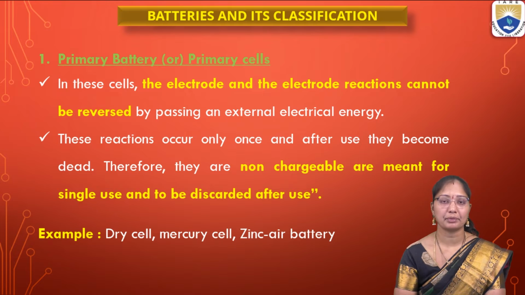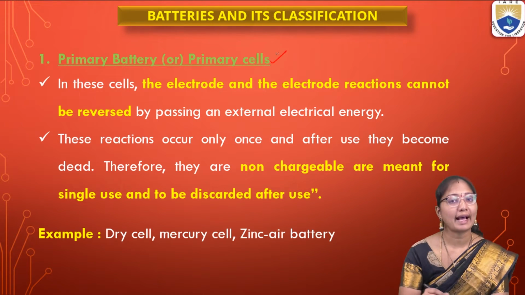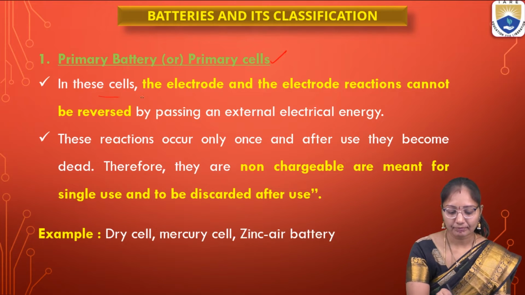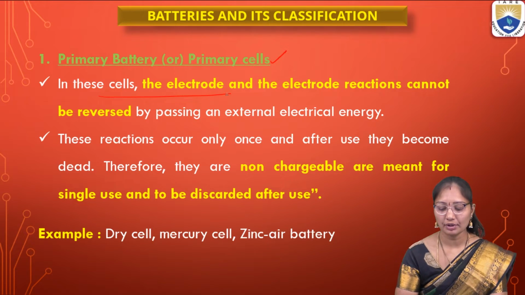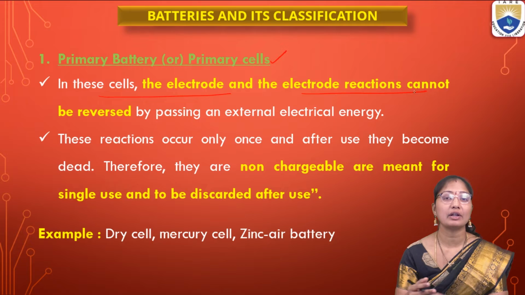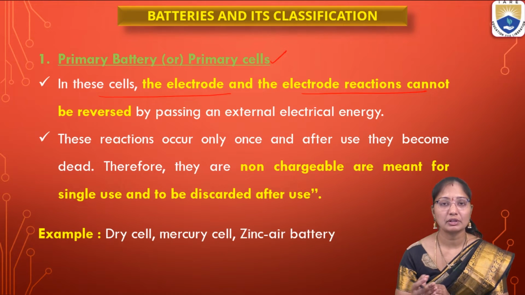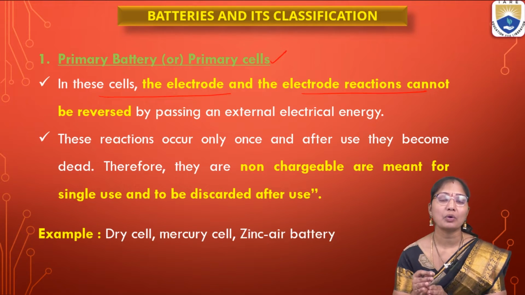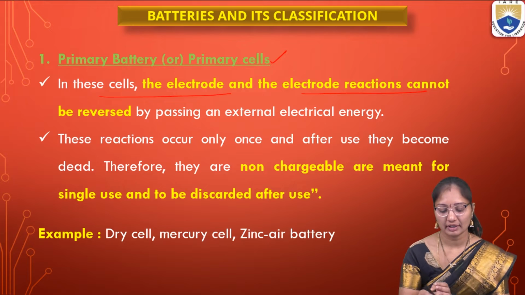And what are the examples? Coming to the primary batteries, which are also called primary cells, in these cells the electrode reactions cannot be reversed. This is why they are meant only for single usage, because the reactions happening inside the battery cannot be reversed.